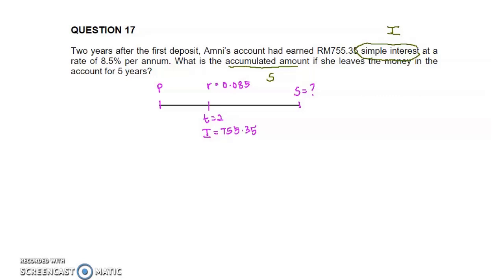Okay, now we need to know how much was deposited here in order to get interest of 755.35. Okay, so first we must find the principal. Okay, so we use I equals to PRT.